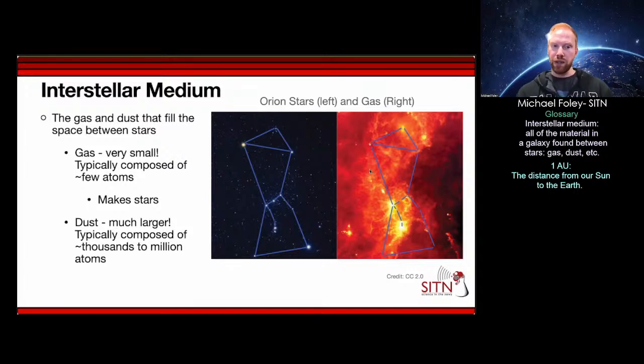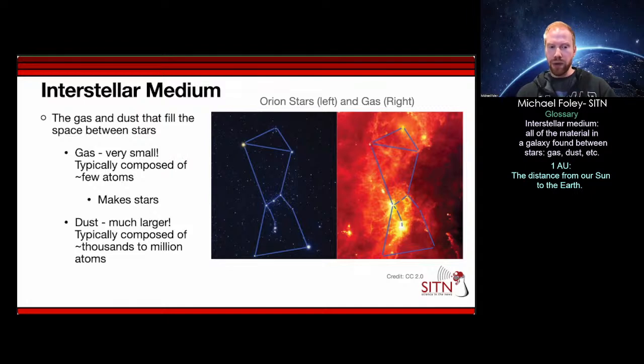And this is composed of gas, which is very small molecules. It's typically only composed of a few atoms, but gas is responsible for actually making stars. So even though it's very small, it comes in large quantities, and it serves as the material we need to form new stars. And then dust, which is much larger than gas.